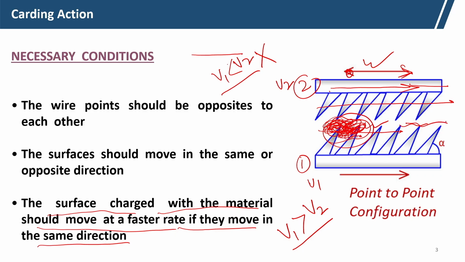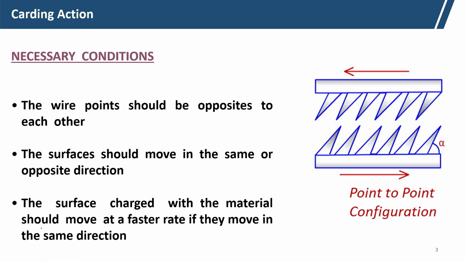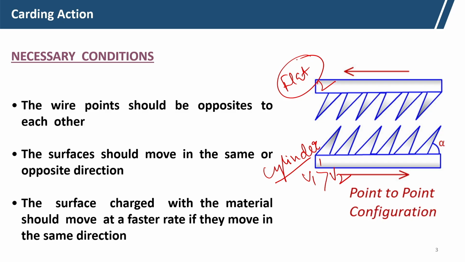In actual practice, during carding action, V1 is more than V2, where surface 1 is the cylinder and surface 2, which moves at slower speed, is the flat in the carding zone. In the carding zone, the cylinder moves at faster speed and the flat moves at slower speed.